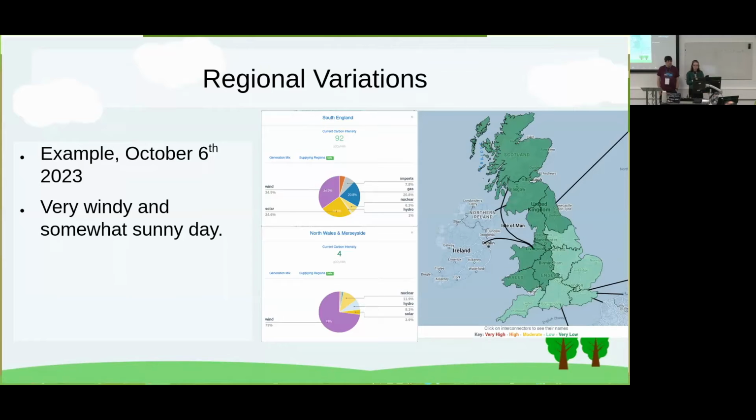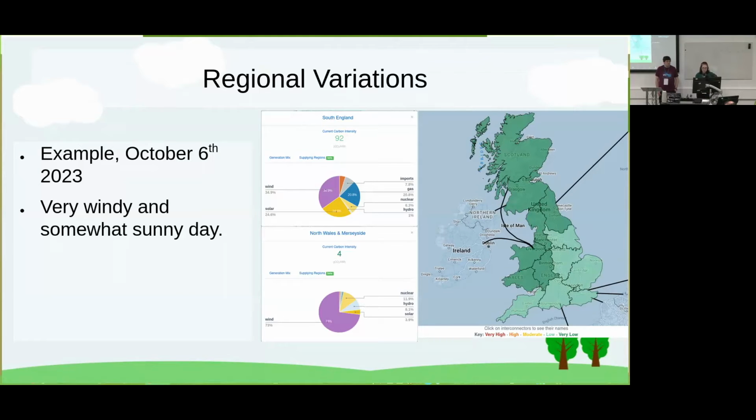The whole scale goes from red for very high, orange high, yellow moderate. But on this day, there was low and very low usage, with the low being in the south, and the very low in Wales, northeast, northwest of England, and the whole of Scotland.